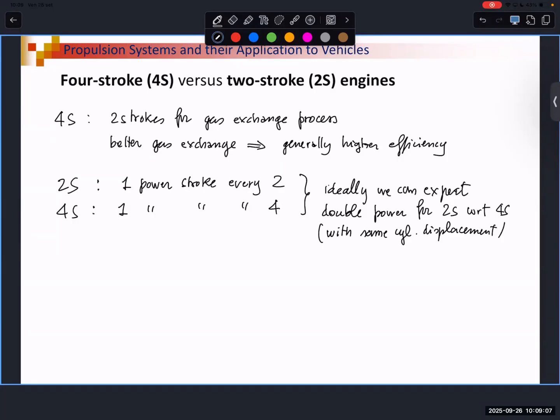Ideal. But as the gas exchange process is not as good, what we can measure is not that the power increases by 100%, but maybe the power increases by 50, 60%.